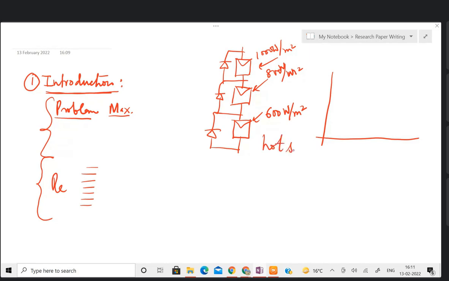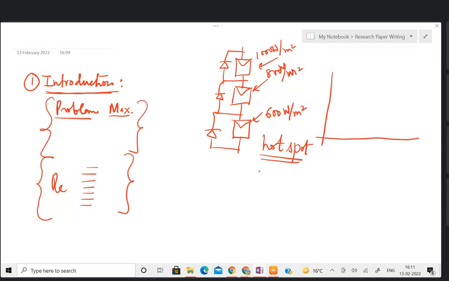You will get the detailed problem in the literature review. Once you study the papers which I will share with you, you will come across many problems in solar PV systems and tracking the maximum power point. You have to mention all those here, along with the contribution of the authors.